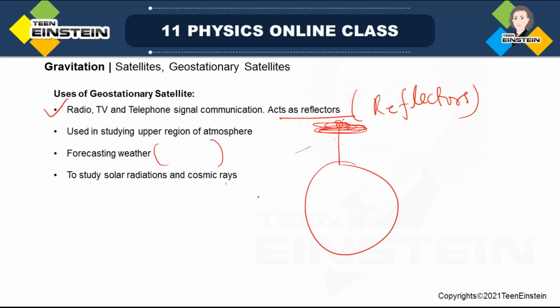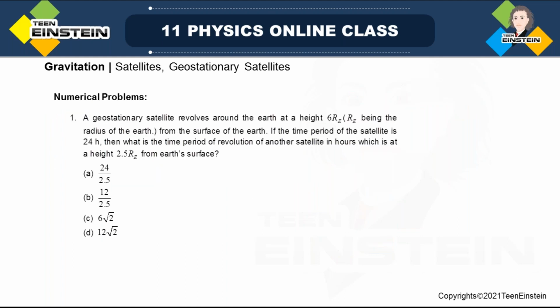So geostationary satellite we have learned. Now we'll take up a few numerical problems related to this, like geostationary satellites, etc. See this problem, suppose this is problem number 1.